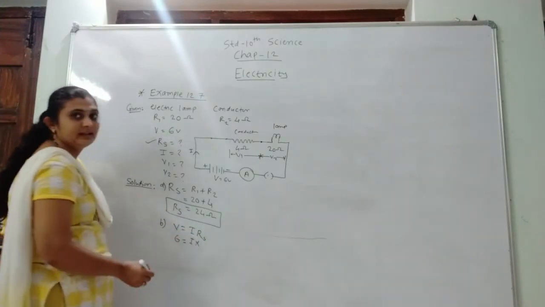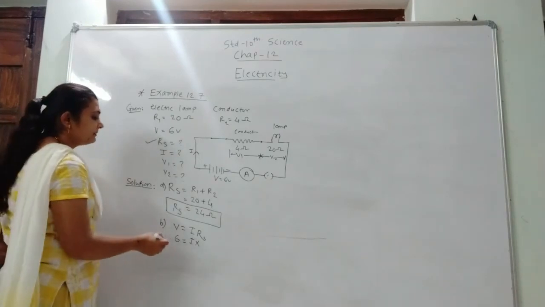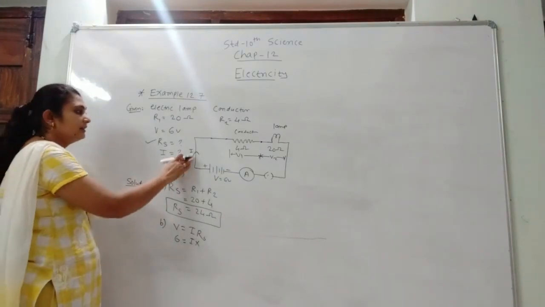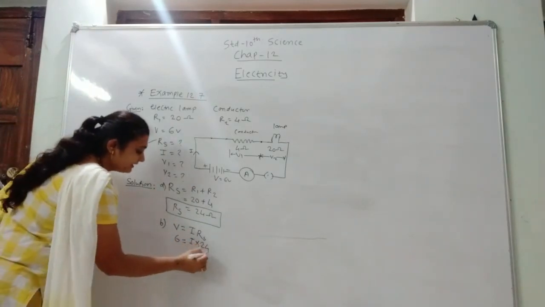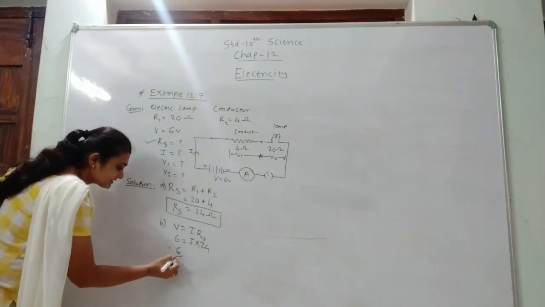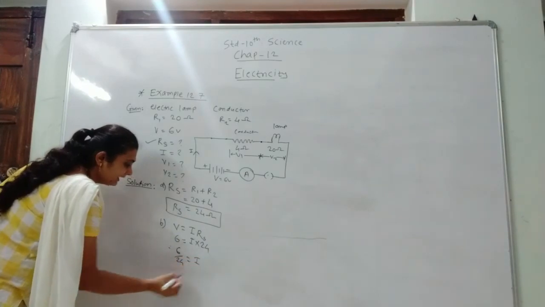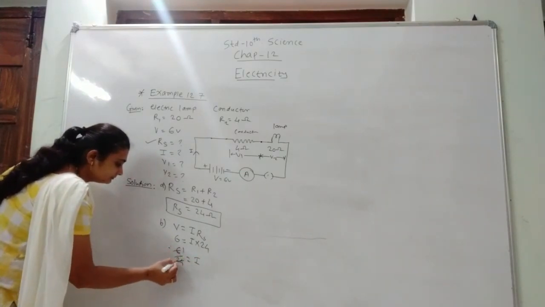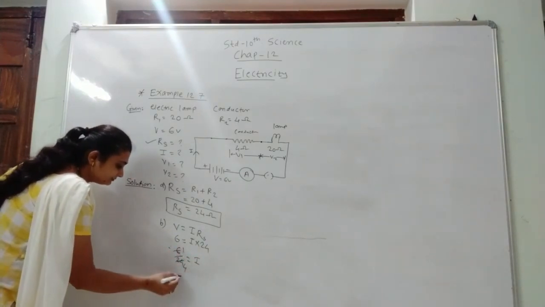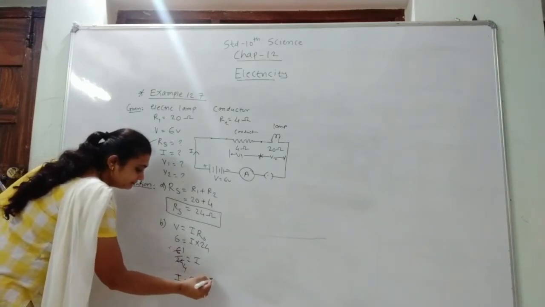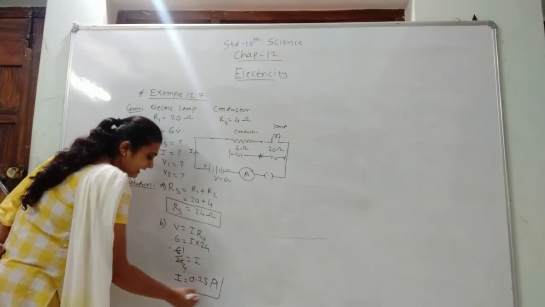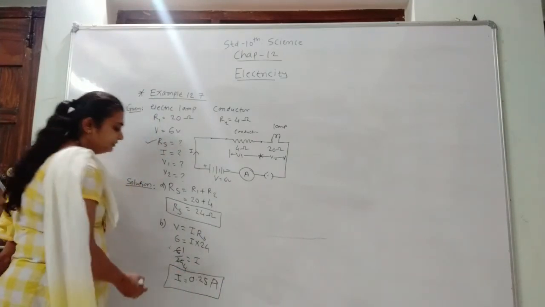We have to consider here Rs, because we have to find the current for the whole circuit. Then Rs is equal to 24. 6 upon 24 is equal to I. 1 by 4. I is equal to 1 by 4, means 0.25. It is in ampere. Note down.